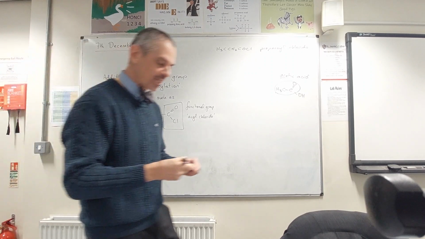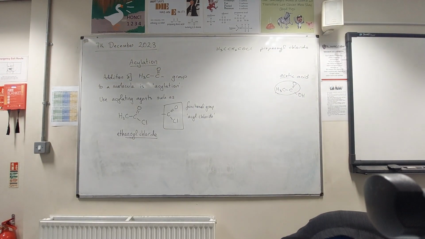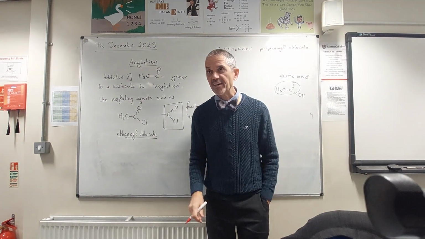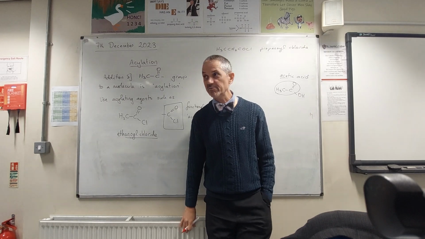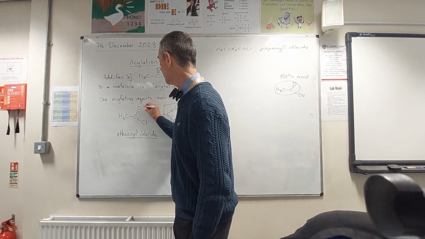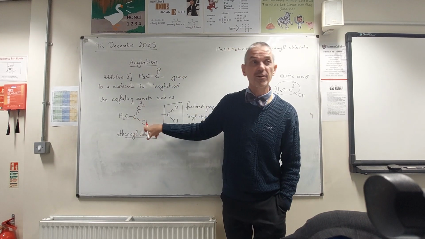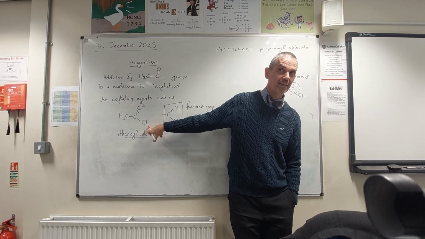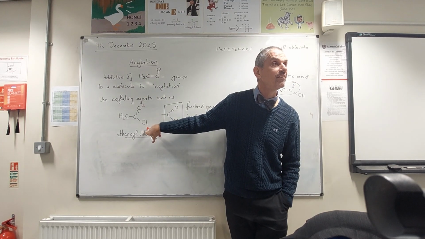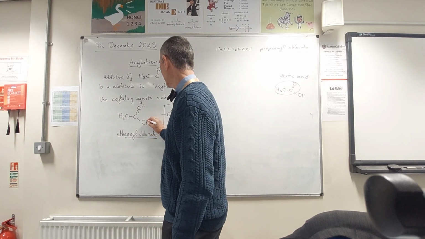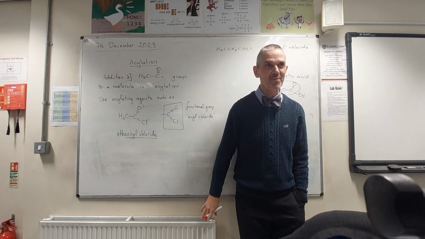Okay, so let's have a think about this. We know that oxygen is a little bit electronegative, so it withdraws electrons away from the carbon. Chlorine is electronegative as well. Yeah, we're definitely heading to a mechanism.